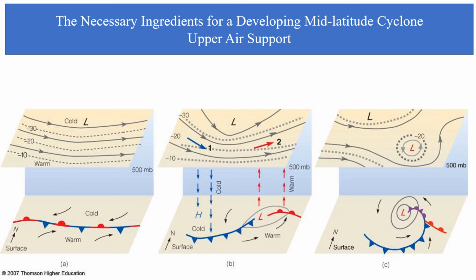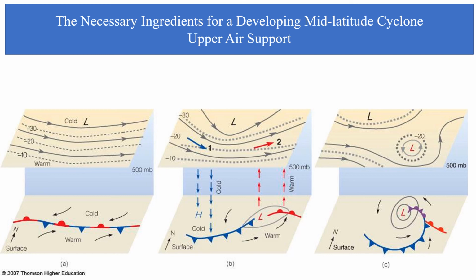Meanwhile, at position 2, looking at the red arrow, warm advection is taking place, which has the effect of raising the height of a column of air. So here, the 500 millibar height increases and a ridge builds. This ridge, a high pressure, is strengthened.